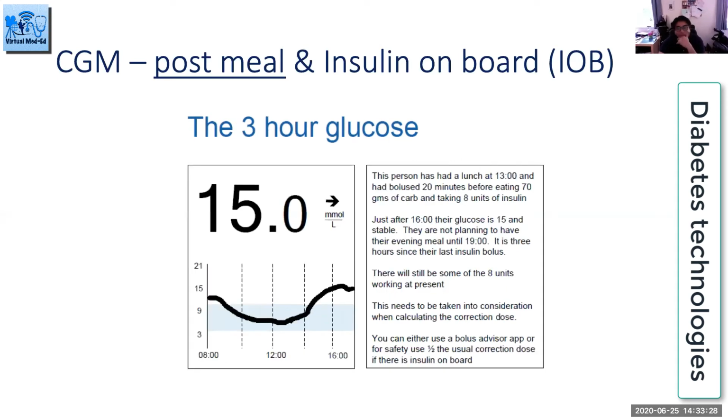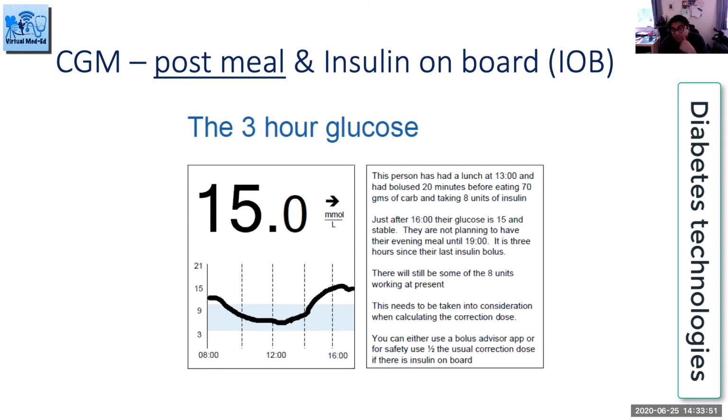So, 3-hour glucose. This is where you've probably used 60% of the insulin bolus that you gave prior to the meal. And let's say in this case, glucose is 15. The arrow's coasting, and you know that the insulin on board is running out, and the glucose is quite high.